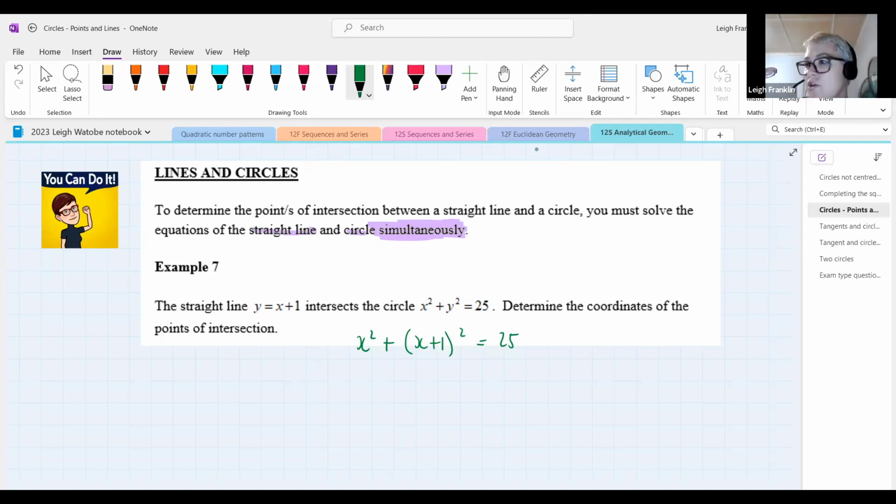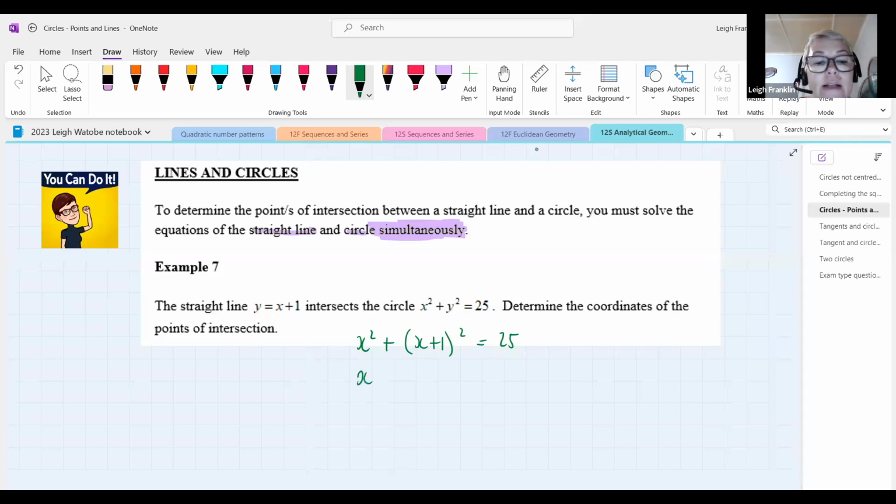The rest of this after this is all just mechanical maths. We would need to remove our brackets and collect all our terms on one side, in other words, get it into standard form, and then we could go and factorize from there.